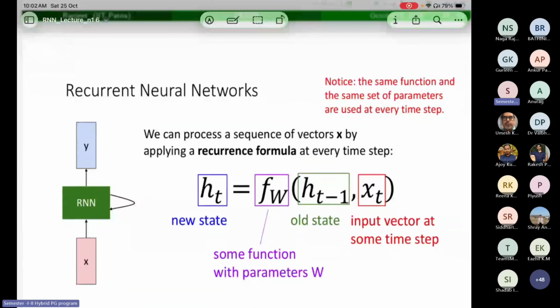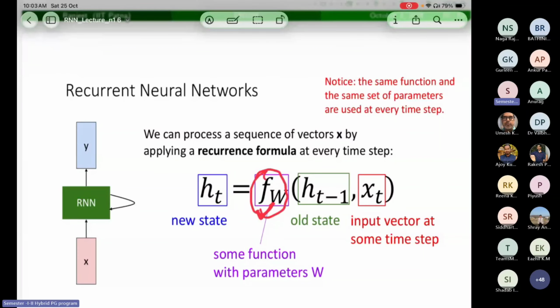Now one good point is that the same function you will be using for every state. Whenever I say same function, that means your w would also be the same. For generating every state, this function would be the same, and at the same time the weights will also be the same. That's the beauty of this RNN.